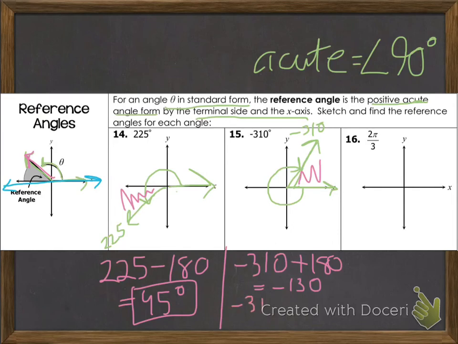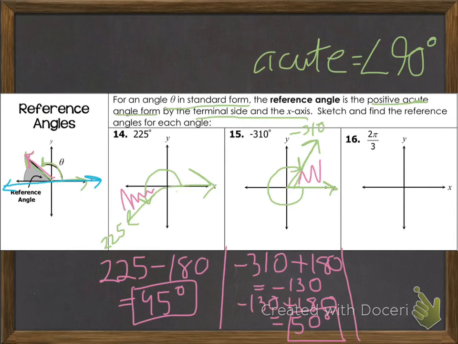Whoops, I wrote the same thing twice. What you should write is negative 130 plus 180. And then when you type that in the calculator, you end up getting 50 degrees. And that is positive and it's acute, which is exactly what we want. So that is going to be my reference angle.